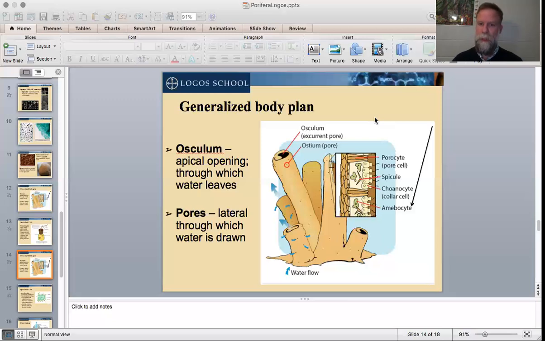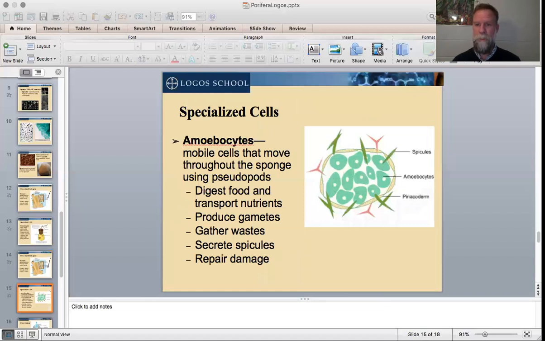And the little green blobs that are moving, these are cells that are moving all around. The choanocytes are really fixed in place. The amoebocytes are not. And we know amoebas. We know how they work. We've watched the amoeba horror flick a couple times. And they are little blobs that have pseudopods, right?